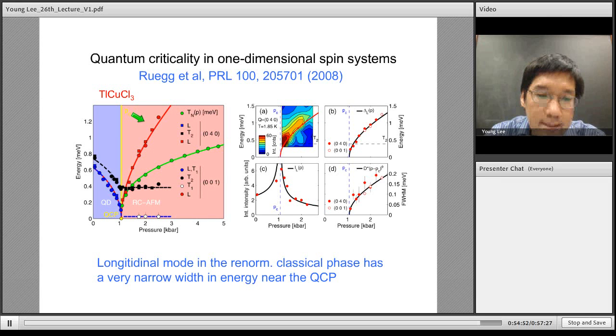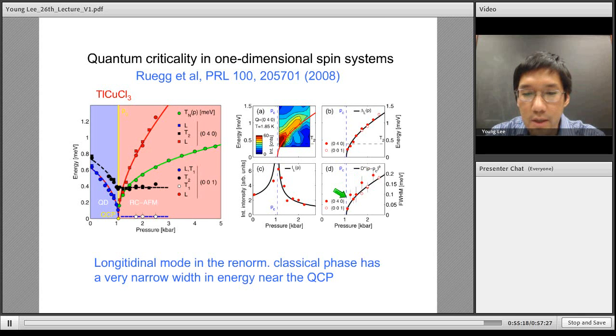You can look at this longitudinal mode. For example, here's the intensity in figure C, and the intensity seems to definitely respond to the quantum critical point, almost divergent-like. And the width in energy as well is shown in panel D here. The width of this longitudinal mode gets sharper and sharper as you decrease the energy.